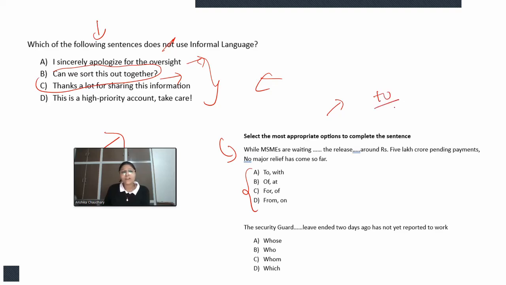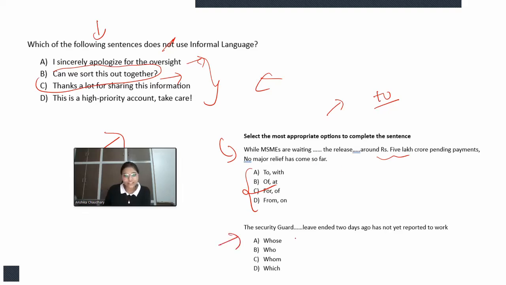"To" comes with the present form of verb, not with any ing form. So: "While MSMEs are waiting for the release of around 5 lakh crore pending payments, no major relief has come so far." So this would be the appropriate option.